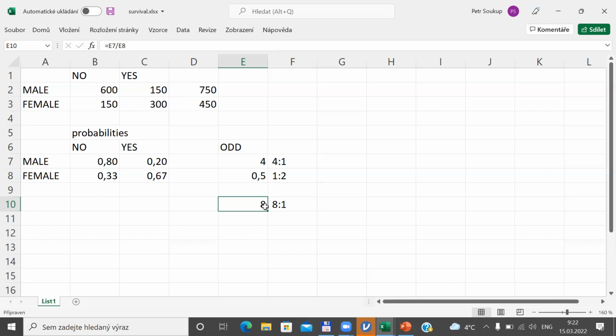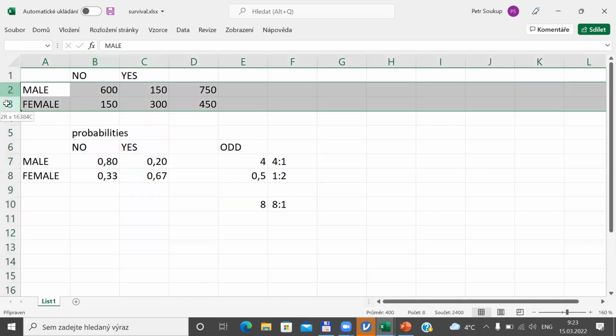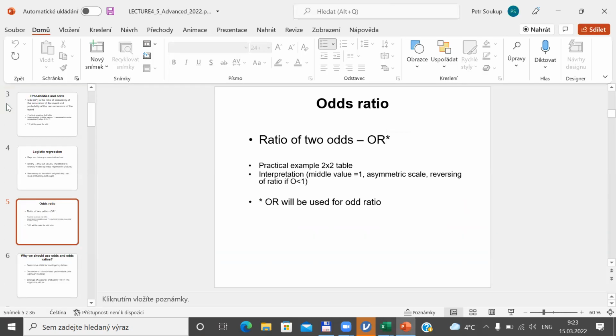So this is also another option for interpretation, that you can reverse both categories in my contingency table. And once again, for logistic regression, one variable would be dependent, currently here whether I survived or not, and one would be independent, so it means whether I'm male or female. So this is how it works, and that's the description of the odds ratio.